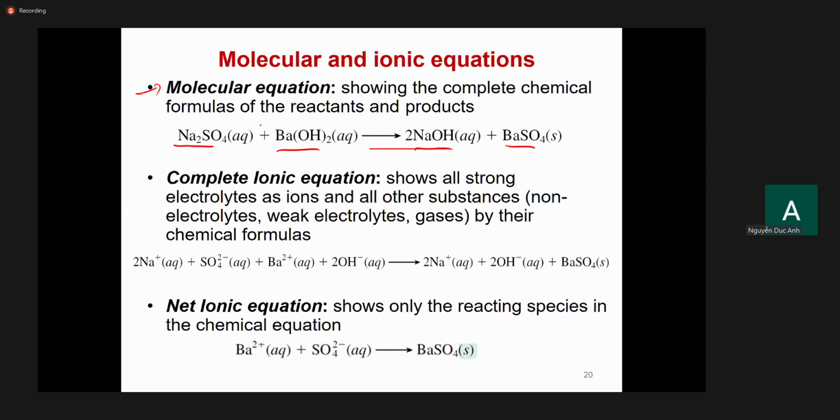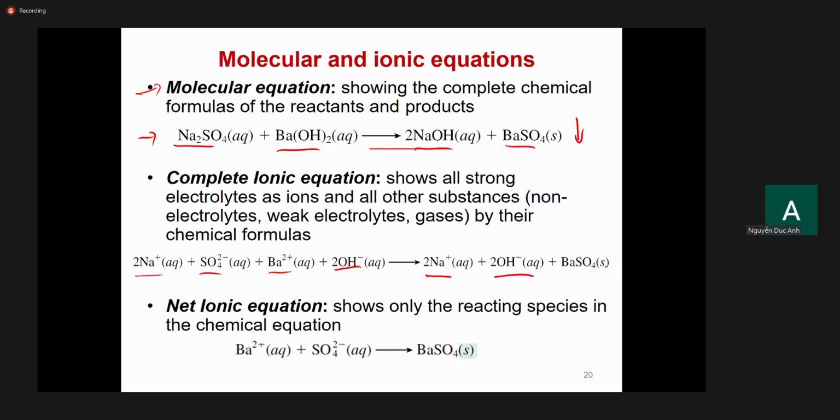So, for example, from this reaction, you know barium sulfate is a precipitate, okay? So when you write this reaction as a complete ionic equation, you start with the ions generated in the solution of the reactants, and then you write down the ions that appear in the products, like sodium plus and hydroxide minus, right?